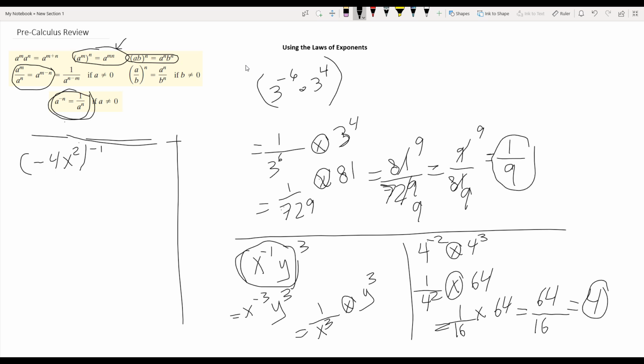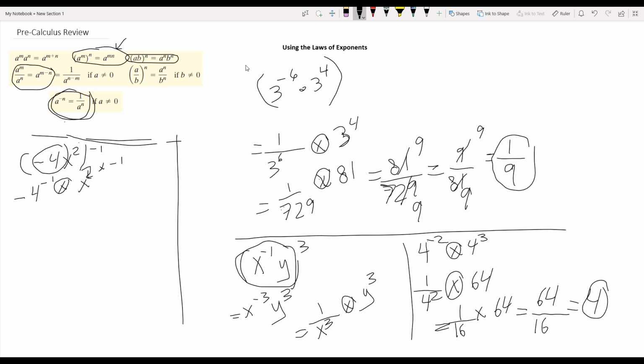Well, just like we did before, remember that when we have a coefficient here, we have to do that first. So it will be negative 4 to the negative 1 power, times that x squared to the negative 1, right?